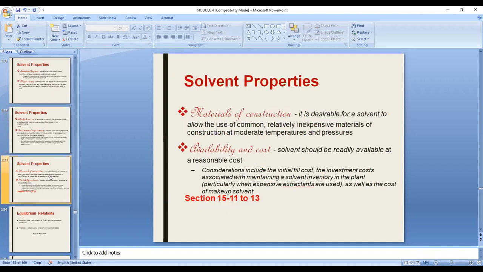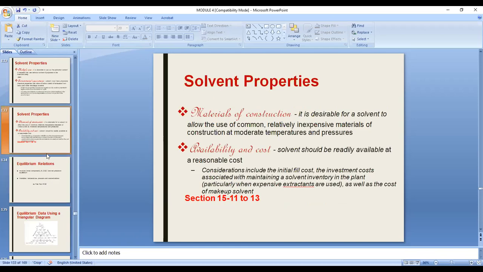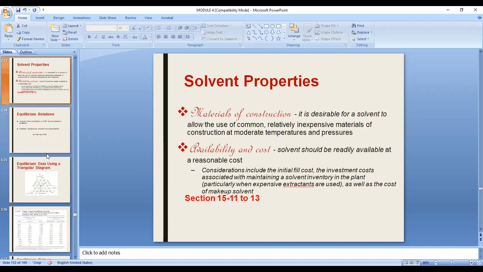Then we have materials of construction. It should not be so limited that materials of construction for your extraction equipment should be intended only for that particular equipment because of the solvent that is being used. So it is desirable for a solvent to allow the use of common, relatively inexpensive materials of construction.